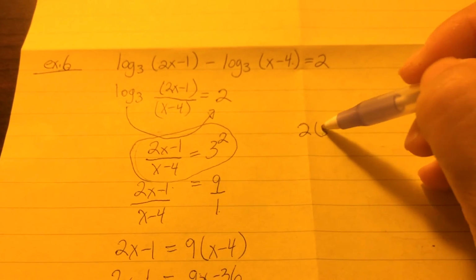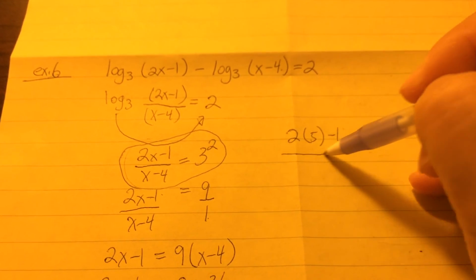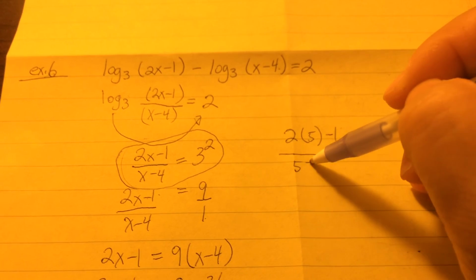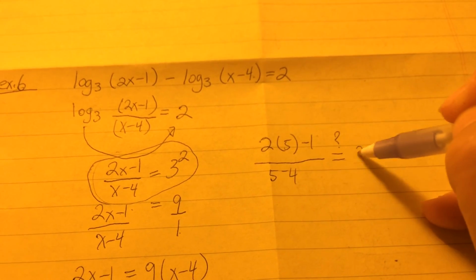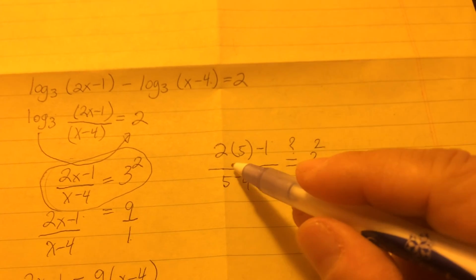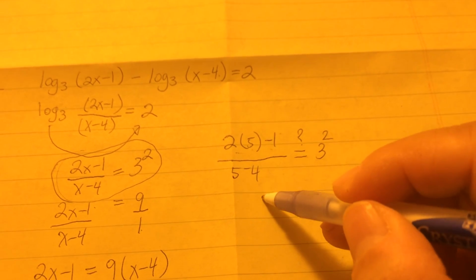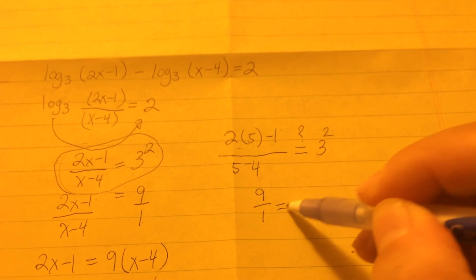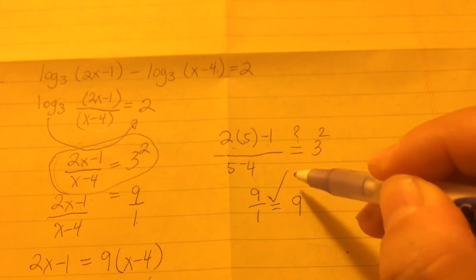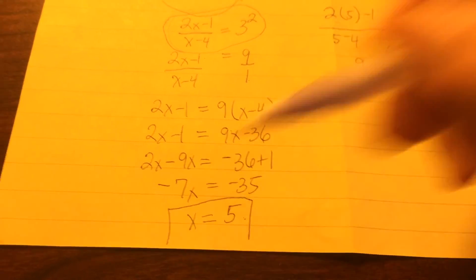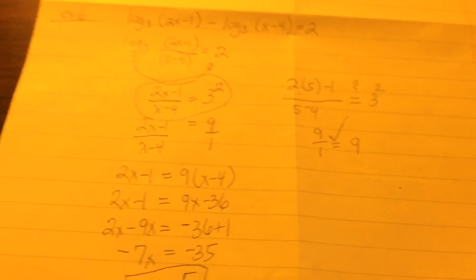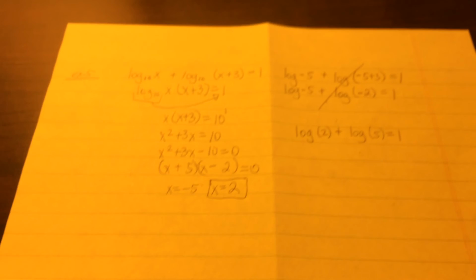So 2 times 5 minus 1 all over 5 minus 4. And the question is, does that equal 3 squared? So that's 10 minus 1 is 9 over 1 is equal to 9. So that checks. So we're good to go with that one. Okay. So then this is the final answer right there. Okay, so those are the problems that you'll be working with in this section.